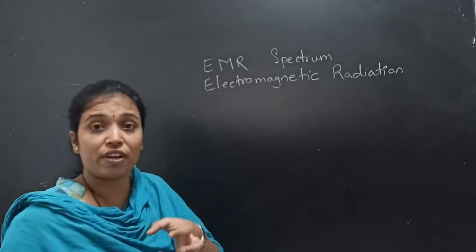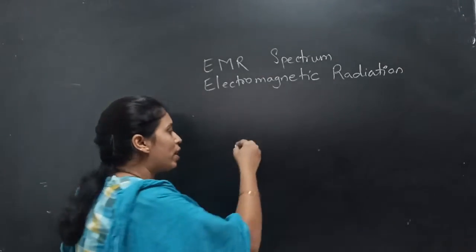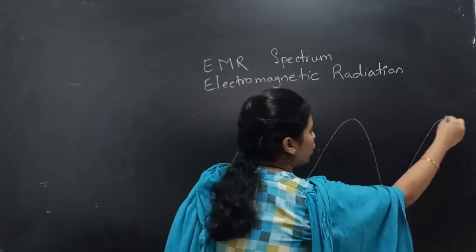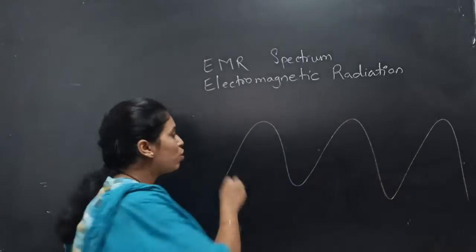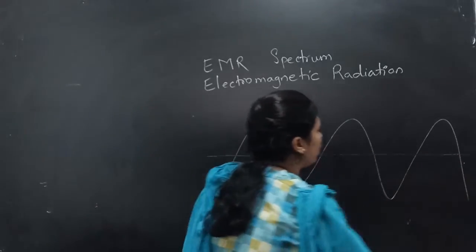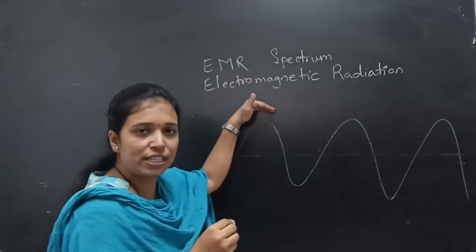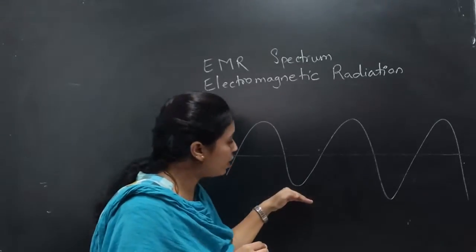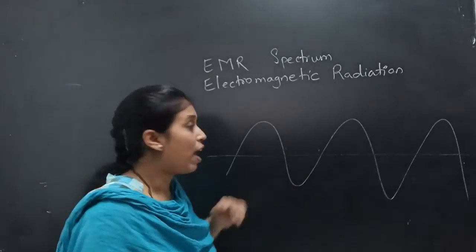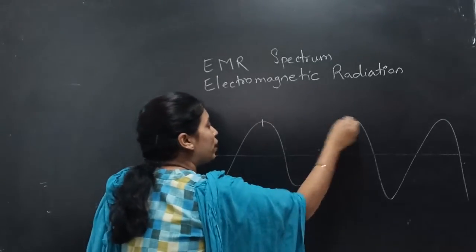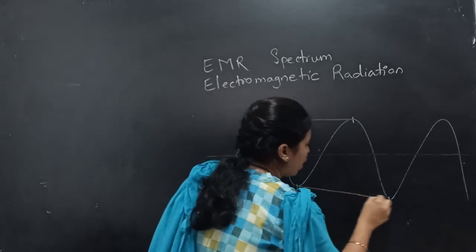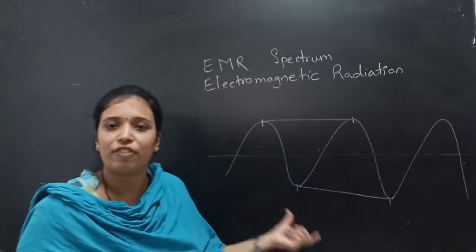So what is meant by wavelength? Now everyone knows that, but let me explain that each light passes through a particular wave. When you put a line over here, the peak which you can see on the upward side is called the crest and the downward side is called the trough. And the distance between two crests or the difference between two troughs is called the wavelength.